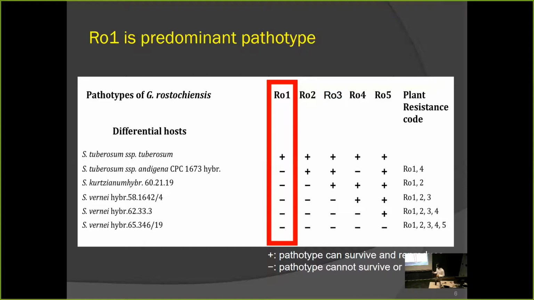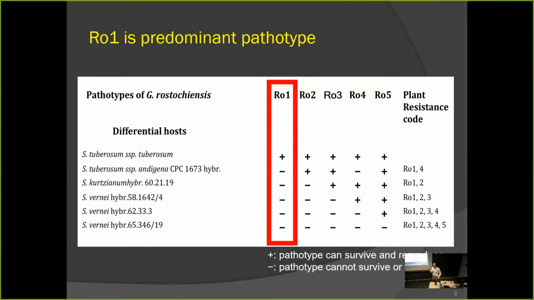And if the nematode can survive on one plant, we put the plus sign. And if the nematode cannot survive or reproduce, we put the minus. So by combining these results, we can divide into multiple pest types. Golden nematode is composed of 5 different pest types, and pale cyst nematode is composed of 3 different pest types.